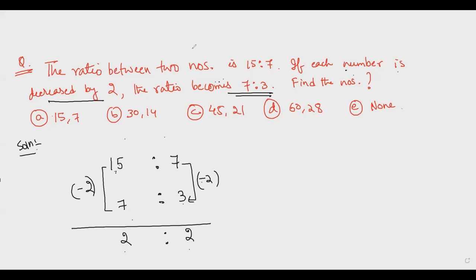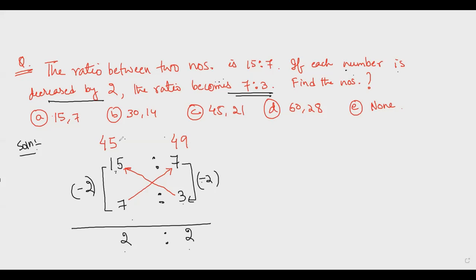Now look at here. After that, just cross multiply. 3 times 15 is 45. 7 times 7 is 49. Is that okay? No issue with that.